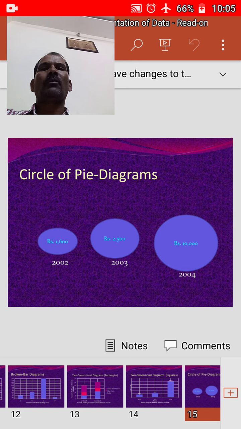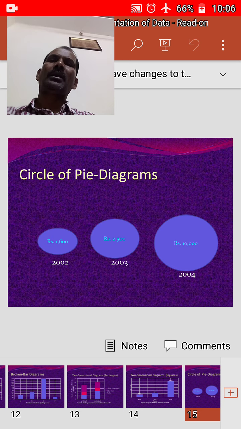When more than one set of items which contain various components are to be represented, separate circles are drawn for each of such items and their components are depicted in the circles. Thus we obtain as many pie charts as the number of items.